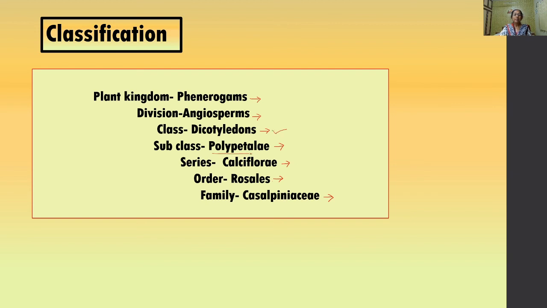Why we placed it under the polypetalae? Because the petals are free from one another. Polypetalous condition is seen, so we placed it under the polypetalae.